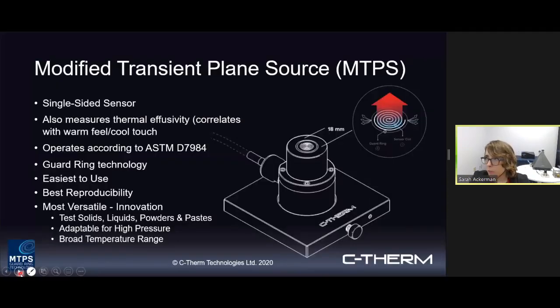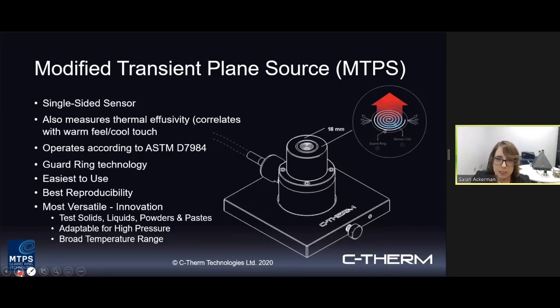So at this point, I'm going to get into a bit more detail on some application case studies. The first few will be done highlighting data collected using modified transient plane source test methods. So the modified transient plane source method uses a single-sided sensor that measures thermal conductivity and also another property called the thermal effusivity. Thermal effusivity is seeing a wide amount of application, particularly in the context of ASTM D7984, in terms of how it correlates with the human perception of warm feel and cool touch properties.